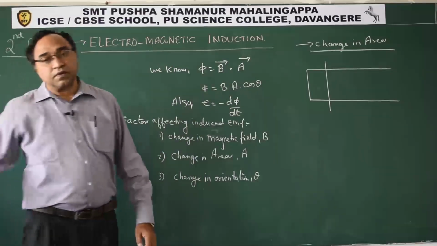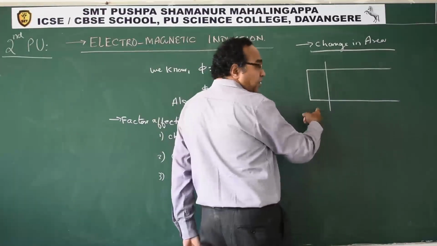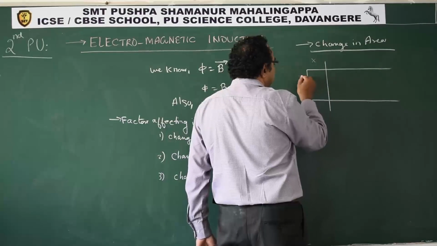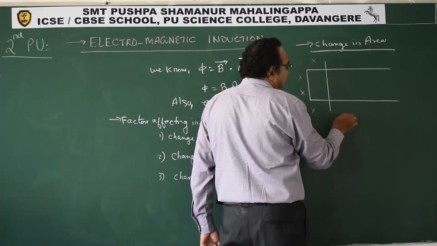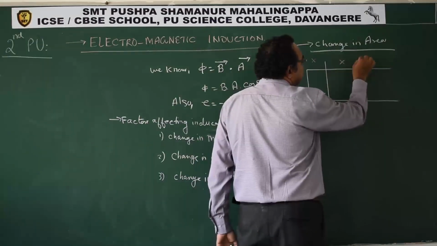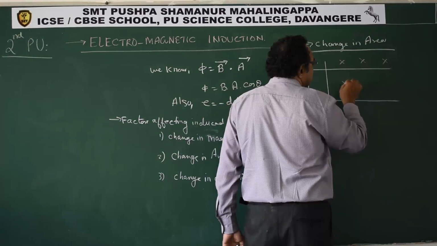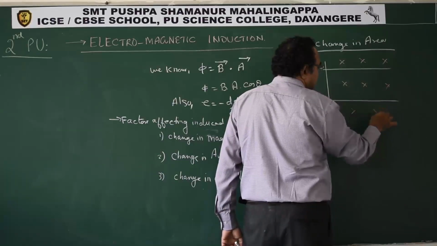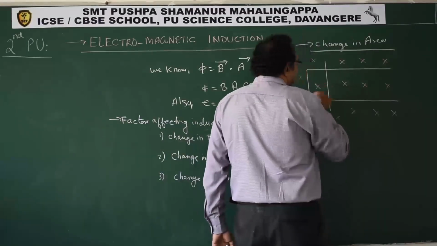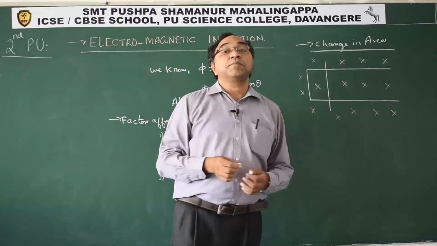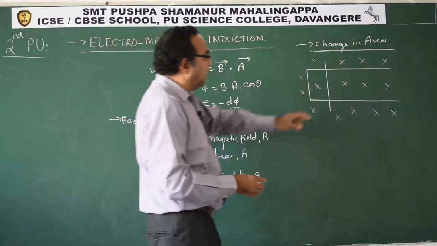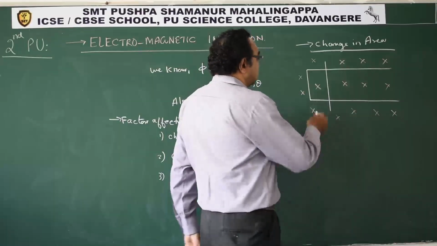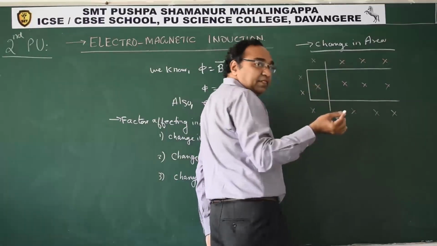Now in this particular thing, we are placing it in a region where this cross represents the magnetic field. Magnetic field is into the plane of the board. That is the representation. Now let us label this.